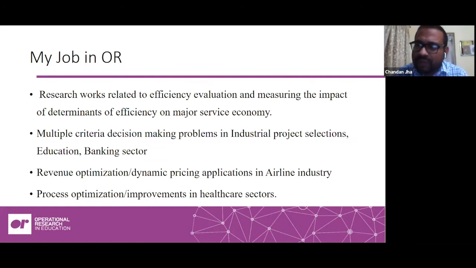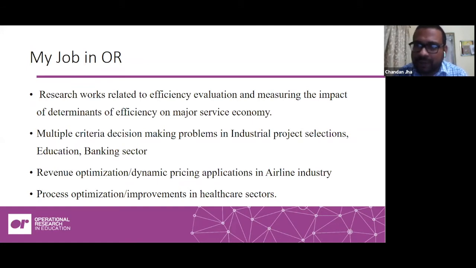How will we compare? There are different models, and one I use is data envelopment analysis, based on some input criteria and some output criteria. Based on those input and output criteria, we evaluate the efficiency.